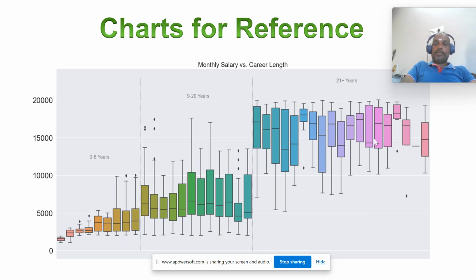Likewise, even the experience is categorized by department. Even though they have 21 plus years of experience, they won't get the same salary, based on the skill set, based on the business, how they are operating, how they are generating revenue and everything.